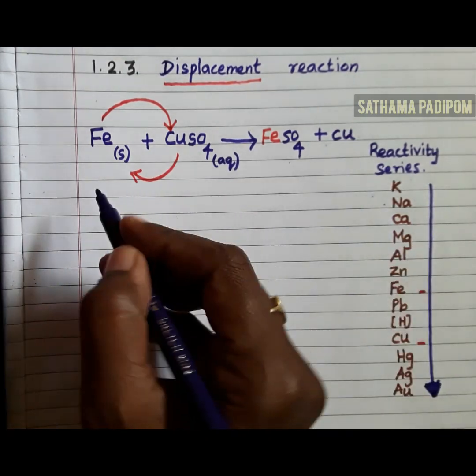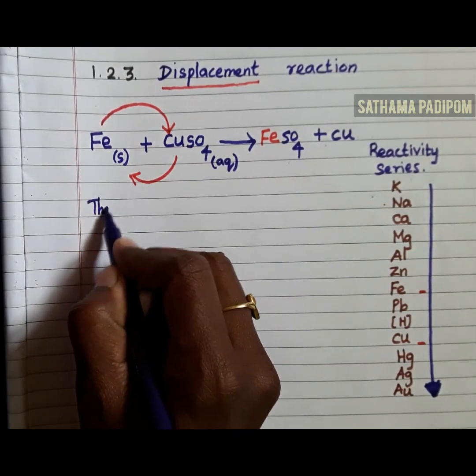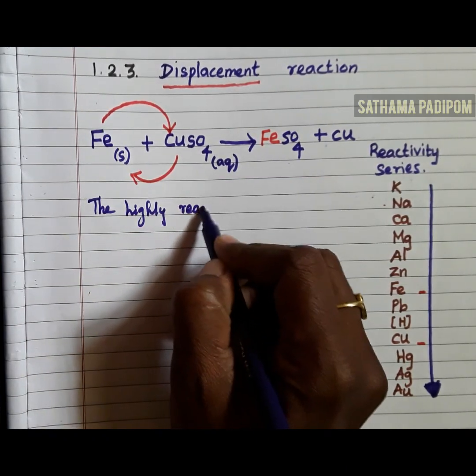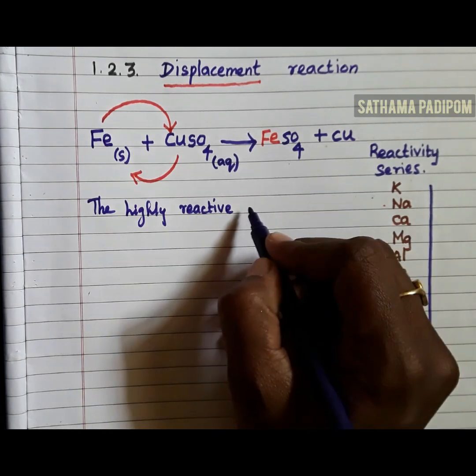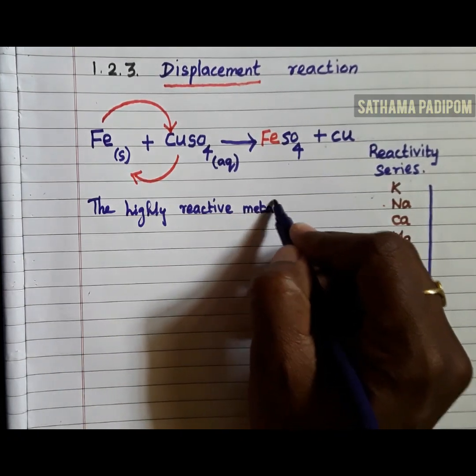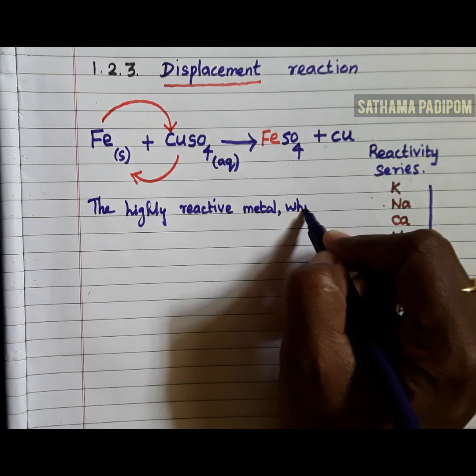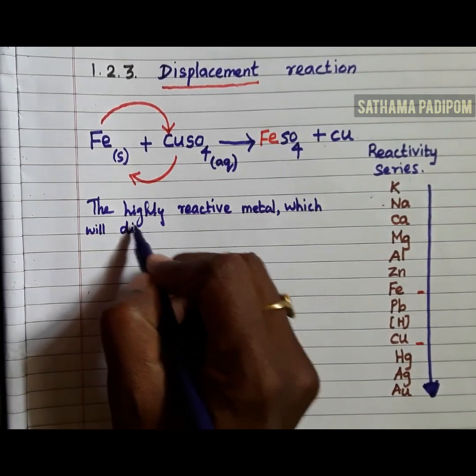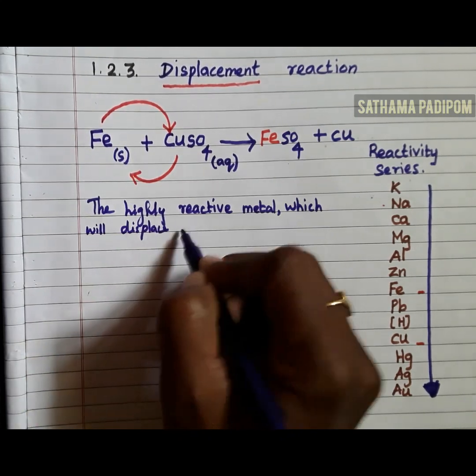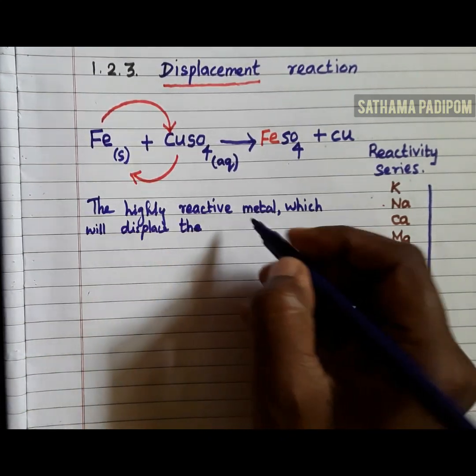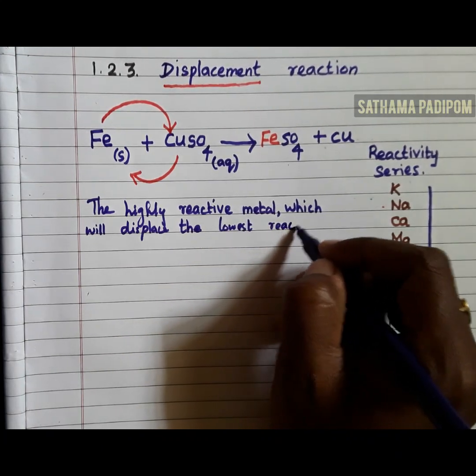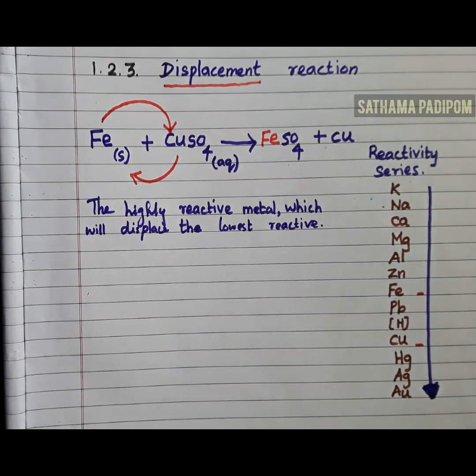Okay, I am writing here the highly reactive metal which will displace the lowest reactive metal. This is called the displacement reaction.